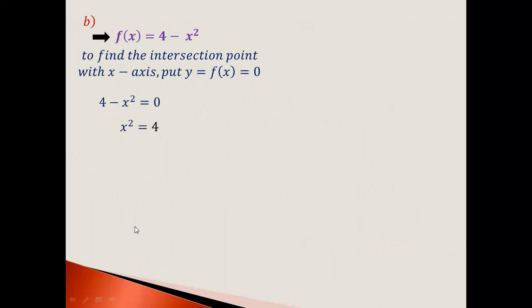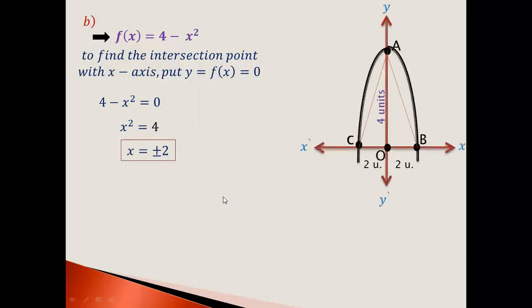If we move negative x power 2 to the other side with a positive sign, it's going to be x power 2 equals 4. If we take the square root of the two sides of the equation, x is going to be positive or negative 2.